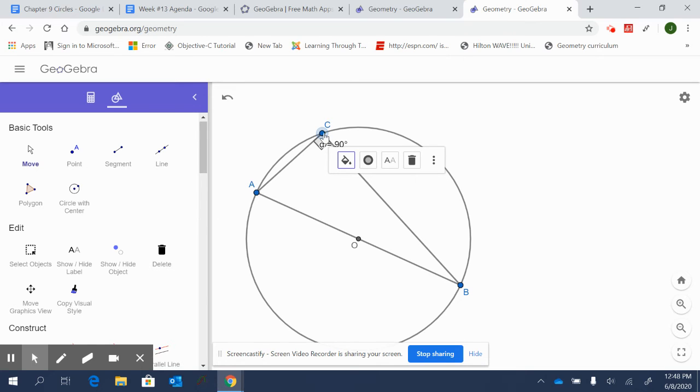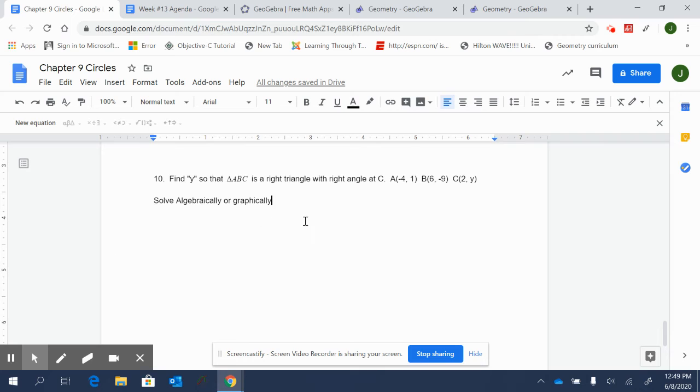As long as I stay on that circle, that point C is going to be helping me create a right triangle. So now how do I apply it to question number 10 over here? I want to find that point C that'll make it a right triangle with a right angle at C.